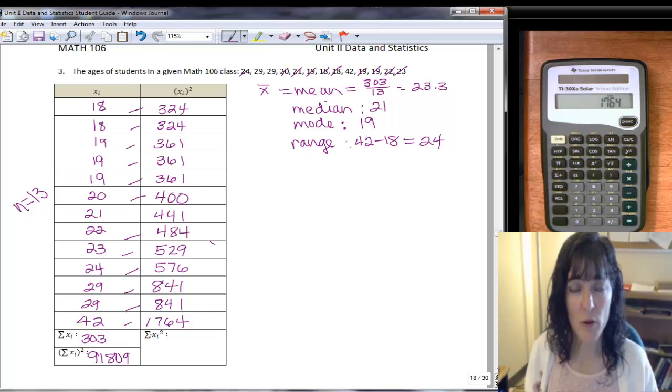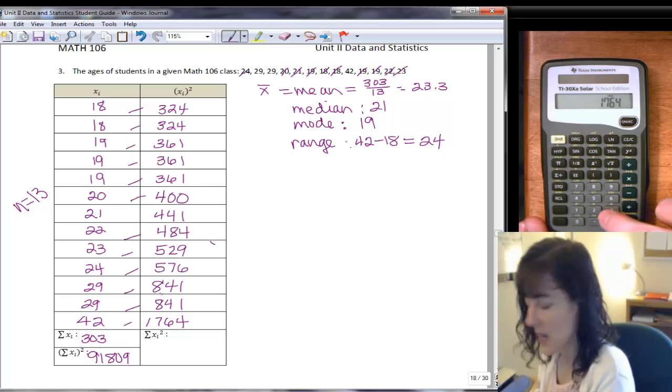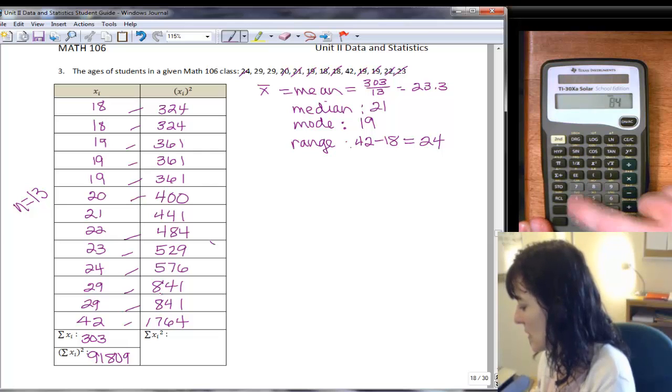Okay, and then once I have all of my squareds calculated, then I need to add all those up. And I'm just going to add backwards here.